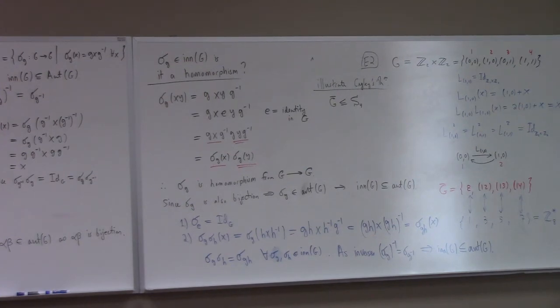And if it's outside, it shouldn't be inside, right? So the outer automorphisms are the automorphisms which are not conjugations. So you can just look at conjugation by group elements. Those produce all the inner automorphisms, and then whatever else is out there, those are outer automorphisms.